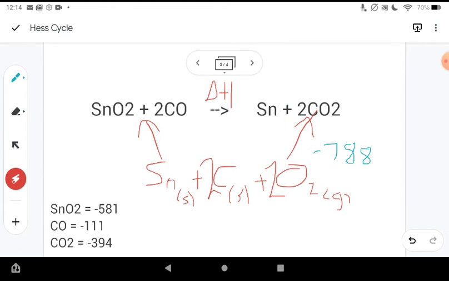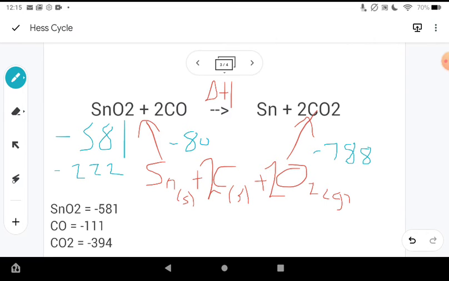Now I've got to figure out the energy change for this. That's going to be my tin oxide, which is here. So that's minus 581. And then I've got 2 moles of carbon monoxide, which is minus 222. That's 2 times 111. If I put those into the calculator, 581 plus 222, that gives me minus 803 kilojoules per mole.